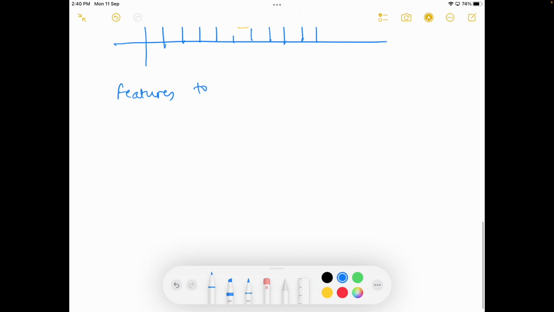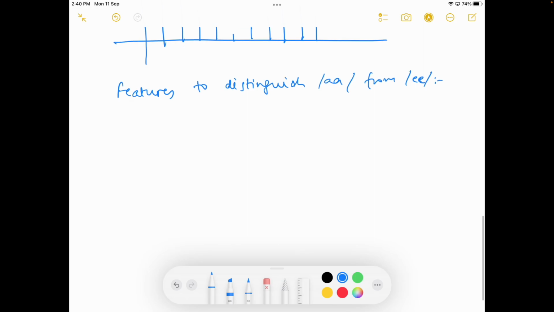Features to distinguish vowels: one suggestion is peak frequencies. Any other feature you want to use?